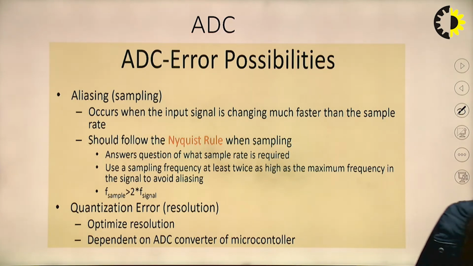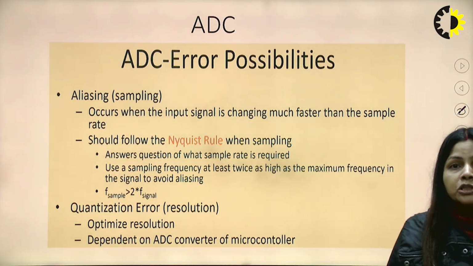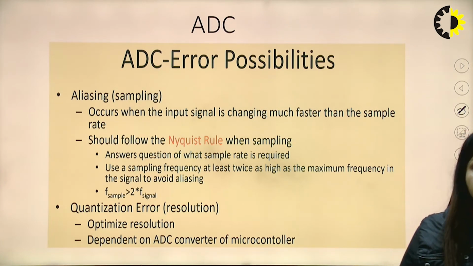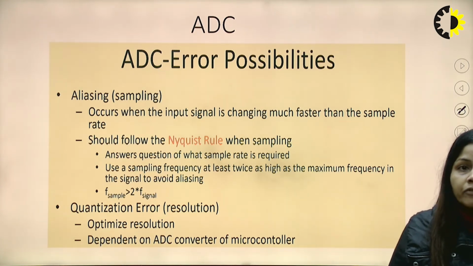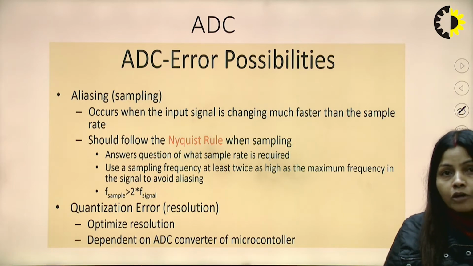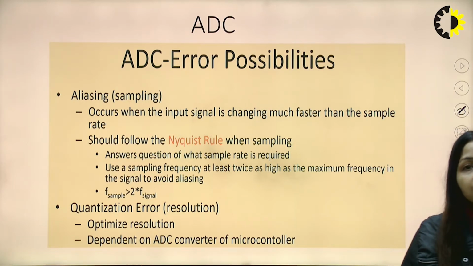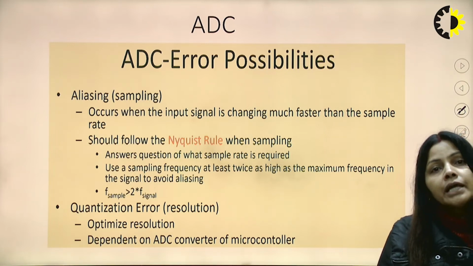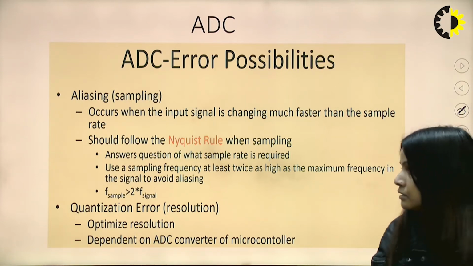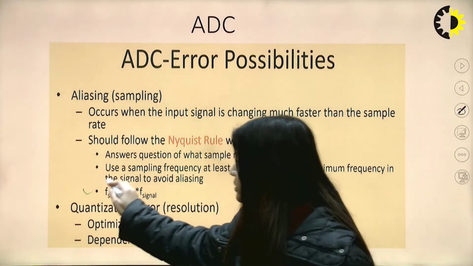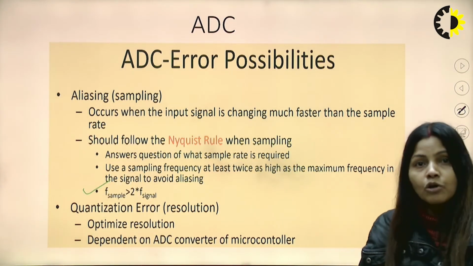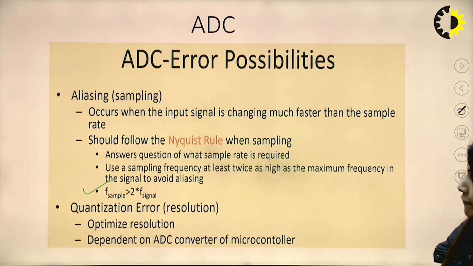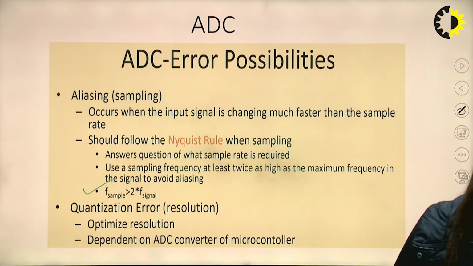Now, there are error possibilities for analog to digital conversion, that is aliasing. Whenever we are not following the Nyquist rate criterion, an aliasing error can be produced. To remove aliasing, we must ensure that the sampling frequency is greater than twice the maximum frequency component present in the signal. So Fs should be greater than or equal to twice Fm.